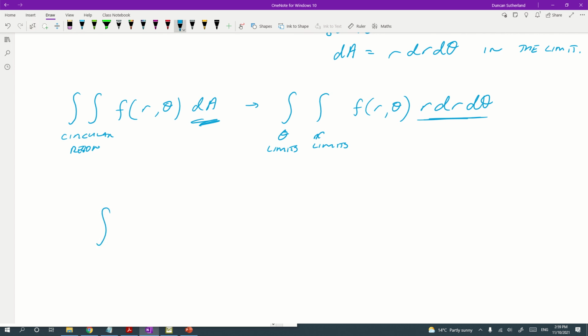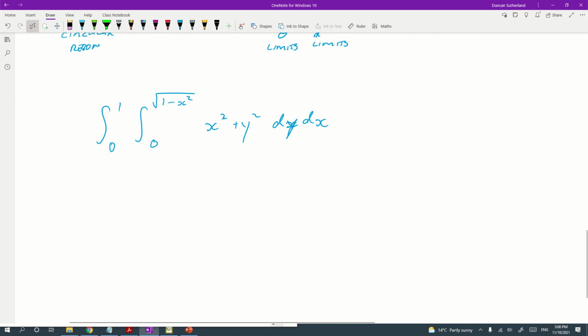So consider the integral from 0 to 1, 0 to square root of 1 minus x squared, of x squared plus y squared, dy dx. Okay, so this region, we can sketch it in Cartesians. It's a semicircle like this, right? So radius 1, this is square root 1 minus x squared.